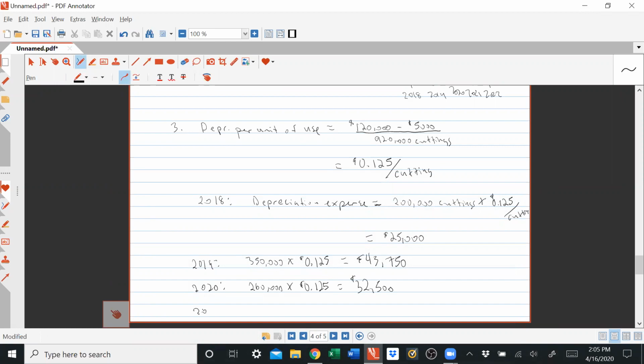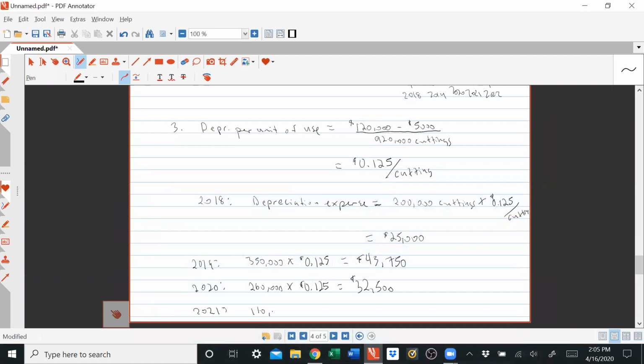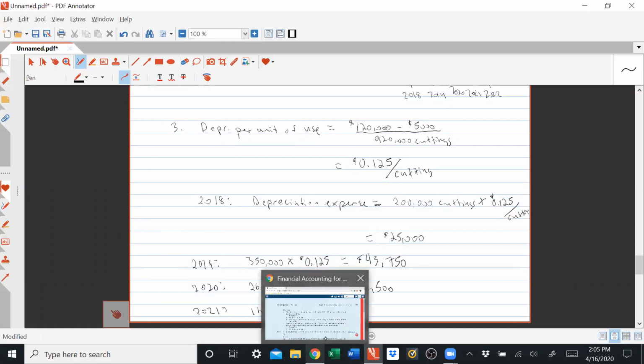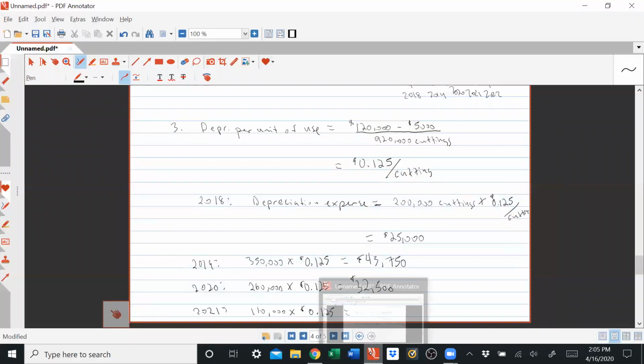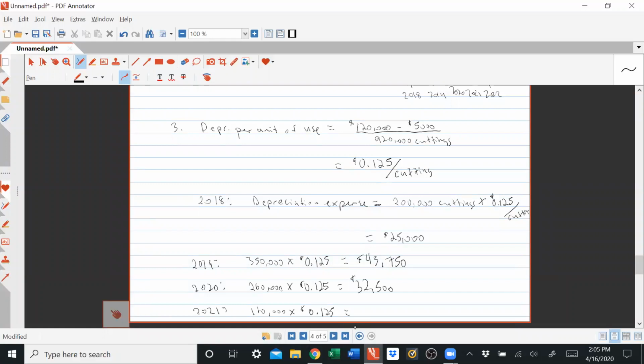And then finally in 2021, the actual cuttings were 110,000. And we have a depreciation per cutting rate of 12.5 cents. So the depreciation in dollars that we would recognize in 2021 is $13,750.